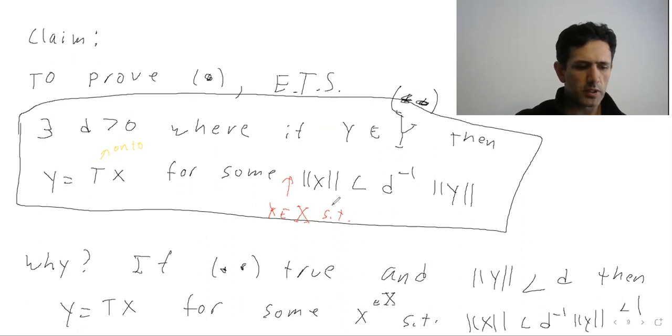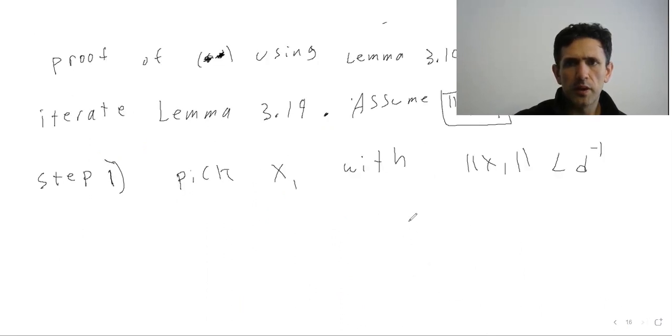Proving it in general is fairly straightforward. So pick x1 with the norm of x1 less than d. So my actual y is going to be my target for my first step.